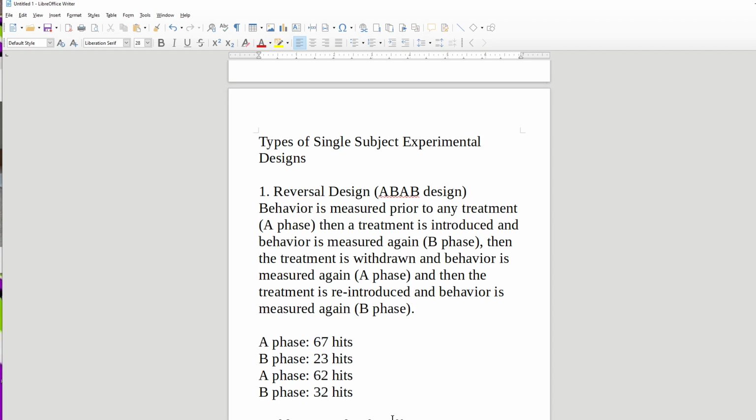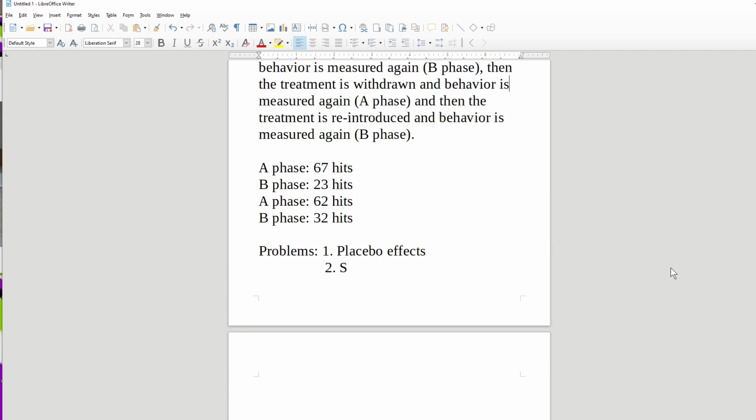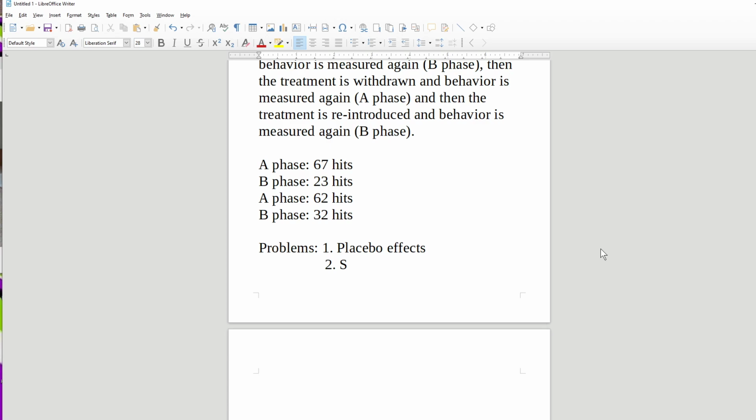So problems with the reversal design: placebo effects is one. The subject is getting a treatment, and so they might get better just because they expect to get better.